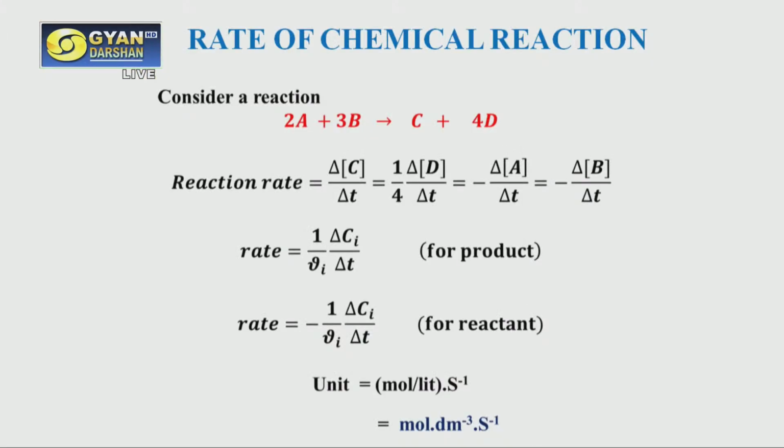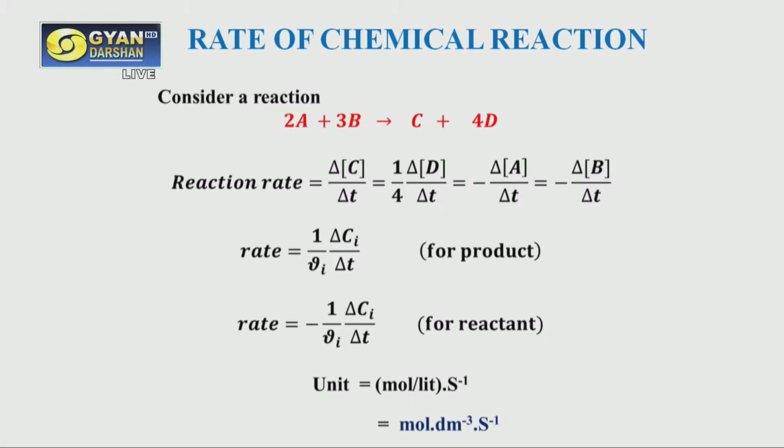So simply here we can see that rate is nothing but the difference of the concentration divided by the difference of the time. The concentration difference has the unit of mole per liter, and the time we can write as second inverse. So the unit will be mole per liter into second inverse.